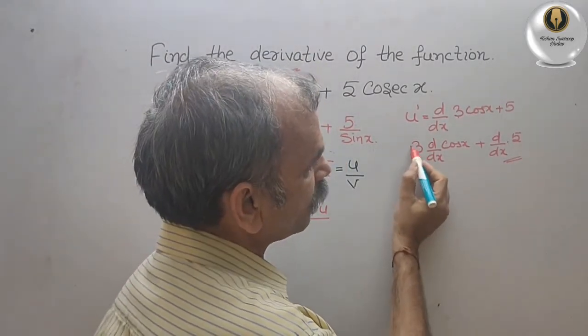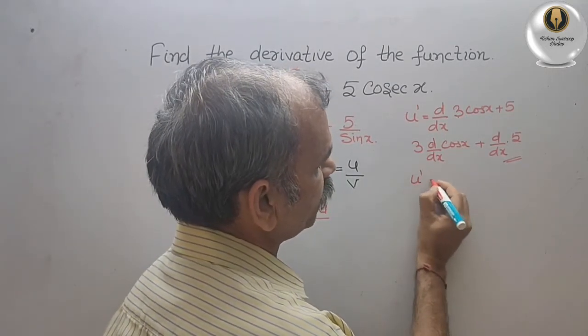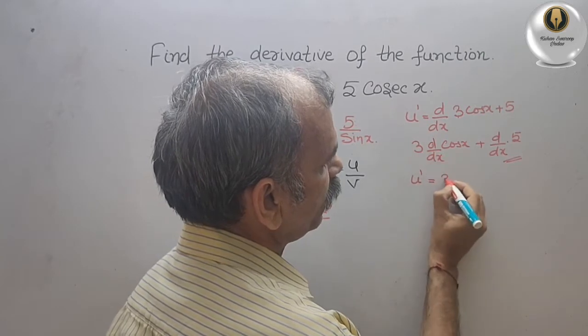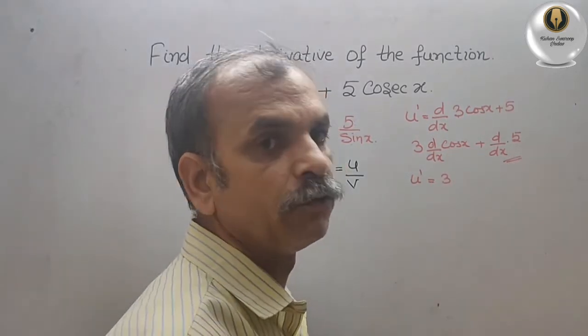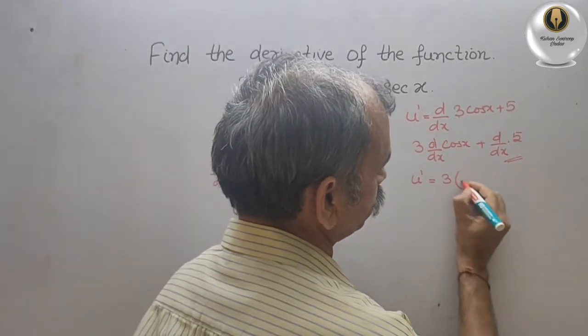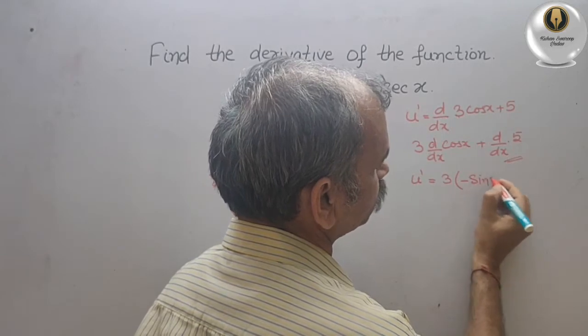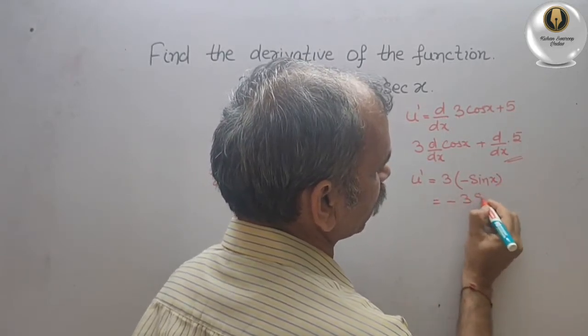Now we will find out the value of this only. U dash is equal to 3 into, now we know that the derivative of cos x is minus sin x. This is equal to minus 3 sin x.